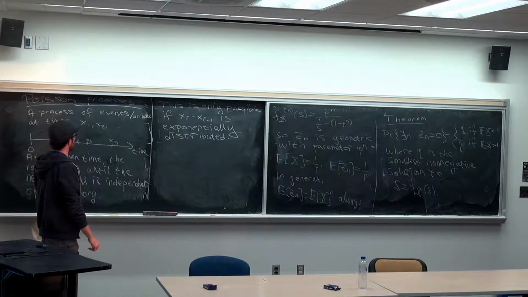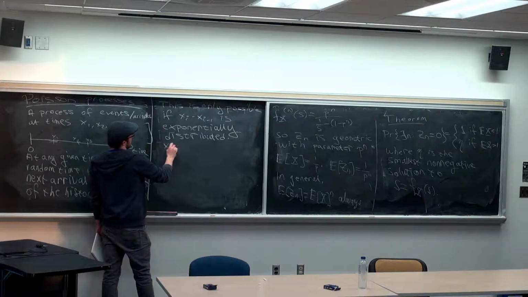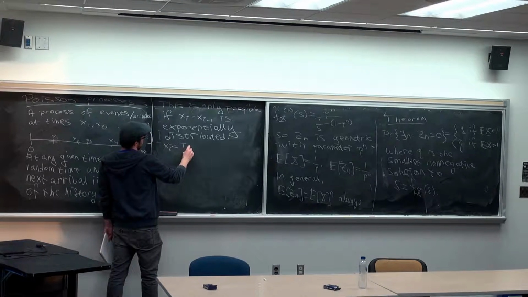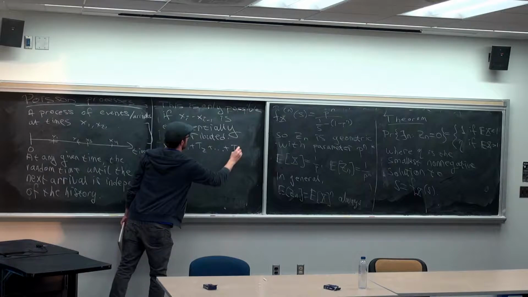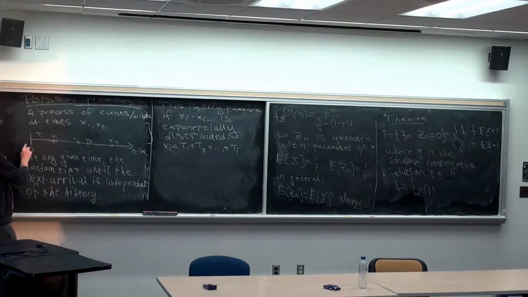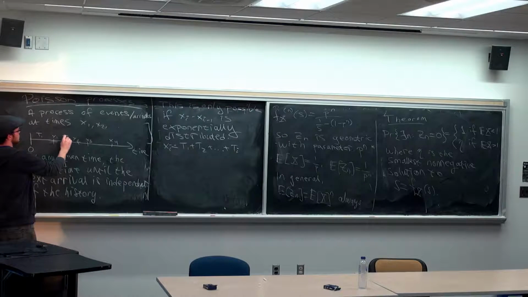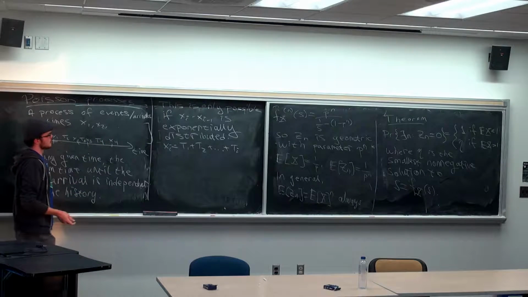So I'll say that xi is the sum of t1 plus t2 plus ti. So in this picture, t1 is the time between 0 and x1, and t2 is the time between x1 and x2, and so on.